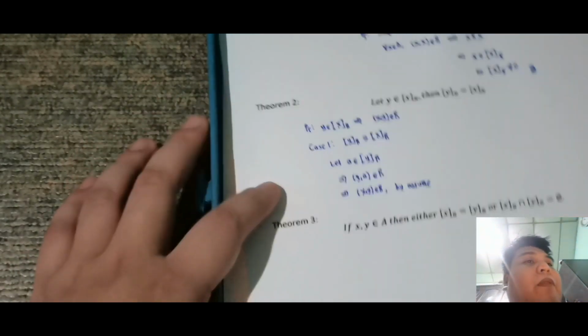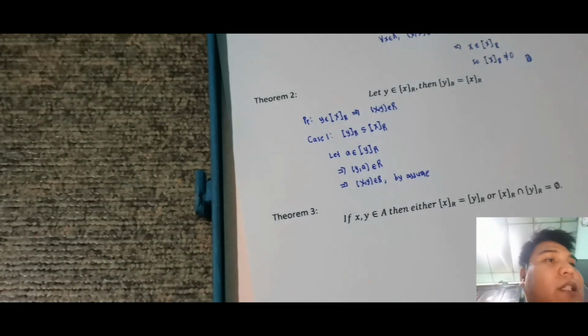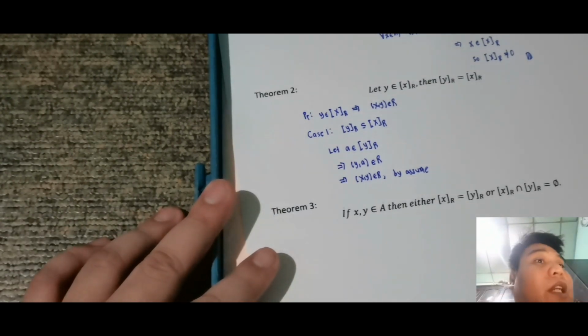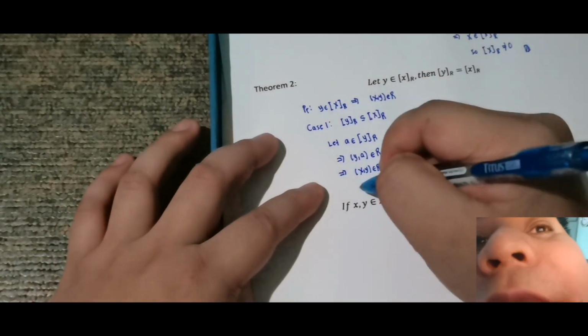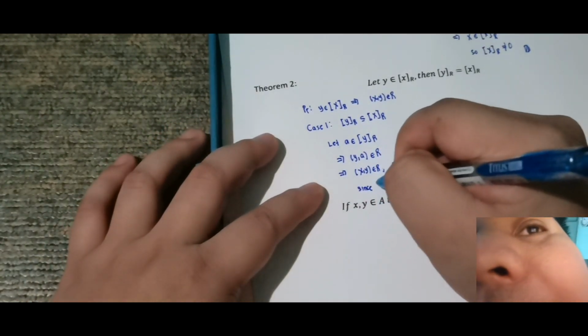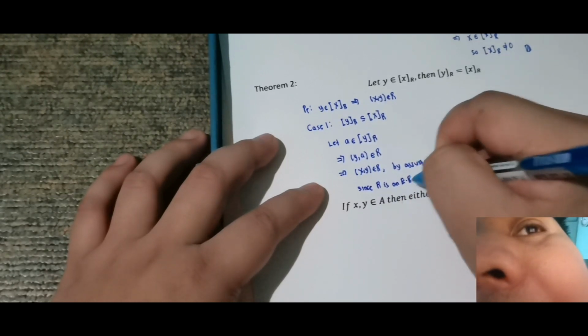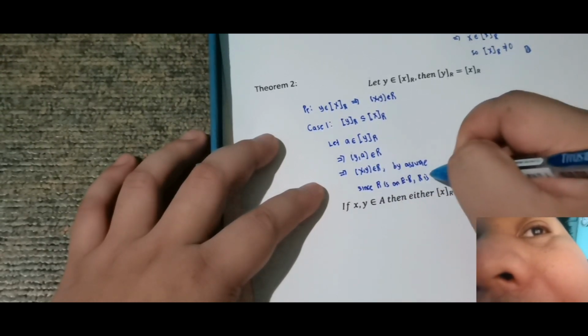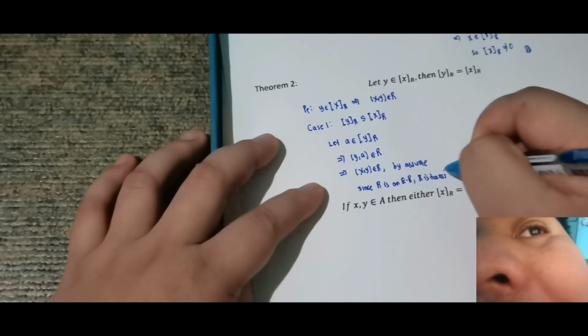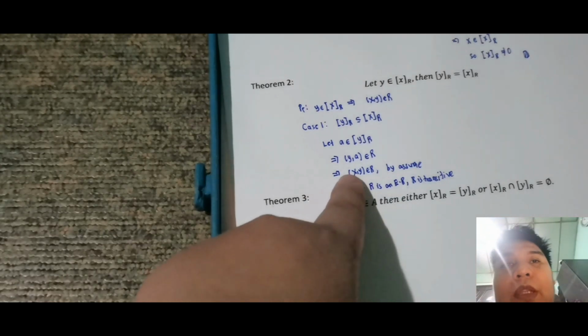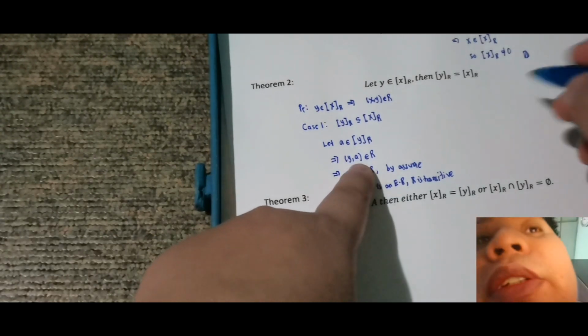Now, since R is an equivalence relation, R is transitive. So I can bridge: x, y, a.